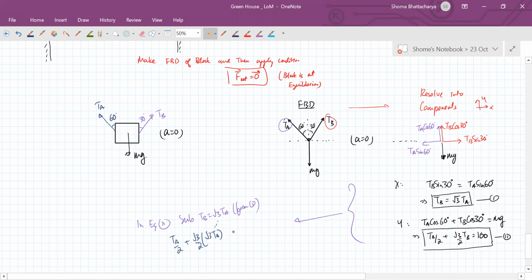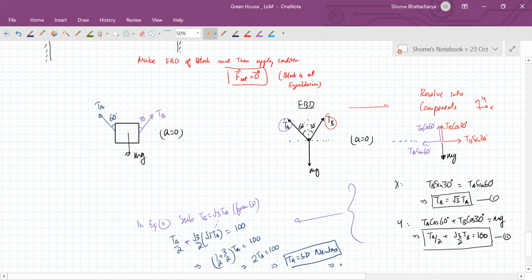And this we have substituted here. That is becoming equal to 100 newtons. So 1 by 2 plus 3 by 2, that's 2 times TA is equal to 100. So we are getting TA is equal to 50 newtons.